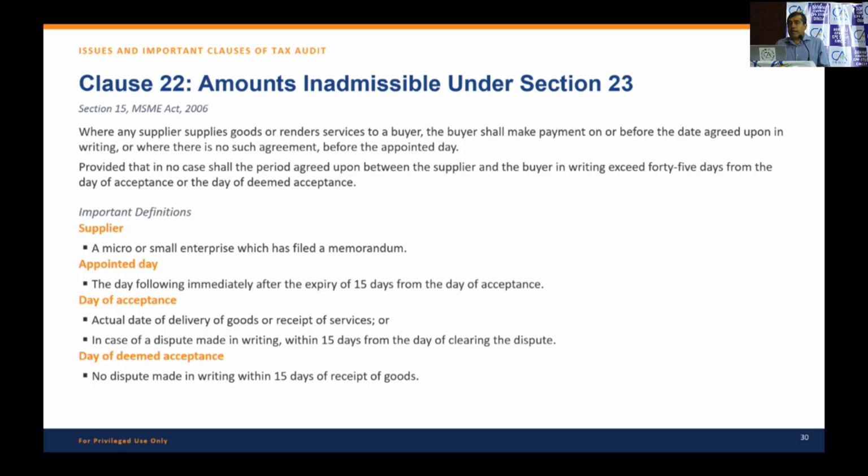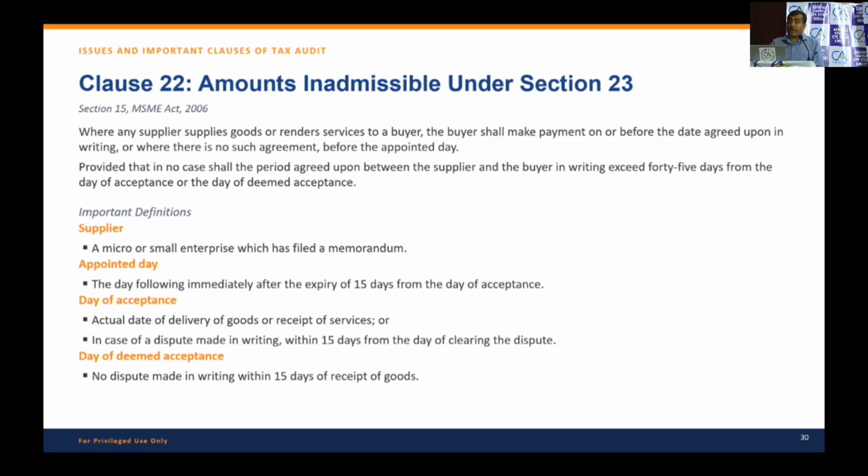Typically, if you have not responded as negative, or you have not claimed, or you have not responded saying there are some defects in this service or goods, it is treated to be the actual date of delivery of goods or services. That will be a deemed acceptance date.